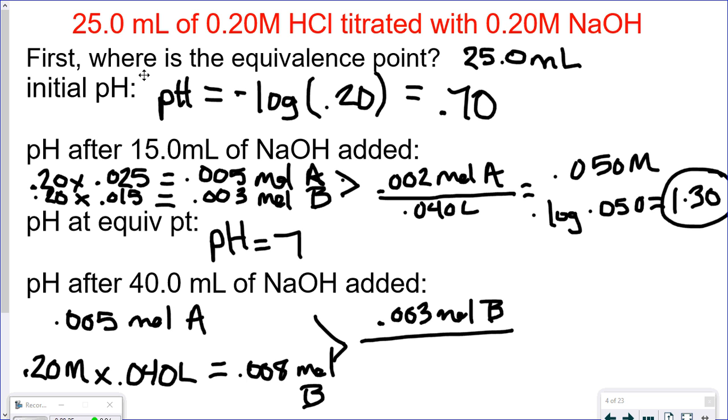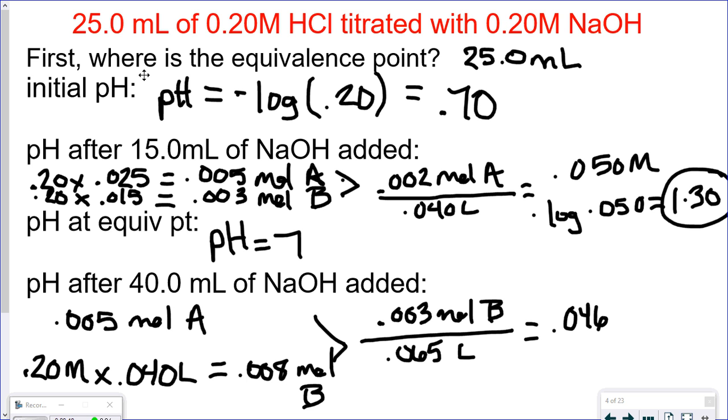Divide by our total volume. So 40 milliliters and 25 milliliters is 65 milliliters. So our molarity is 0.046.